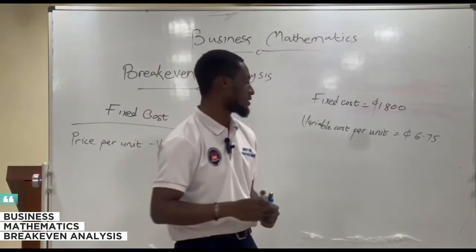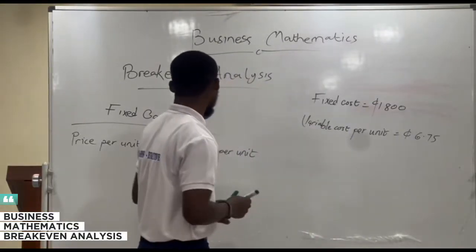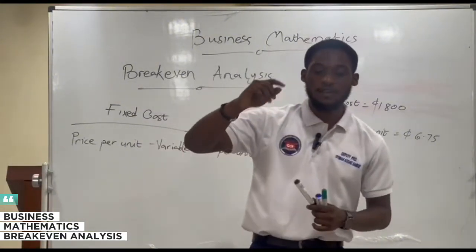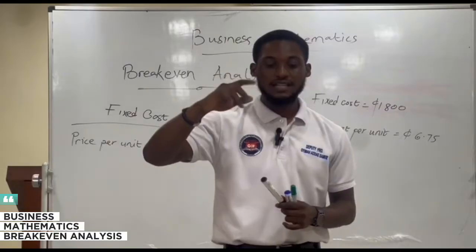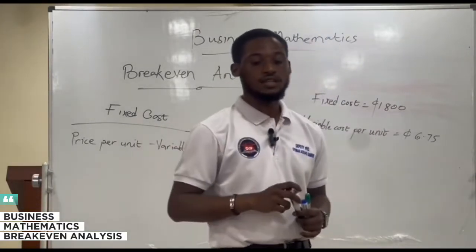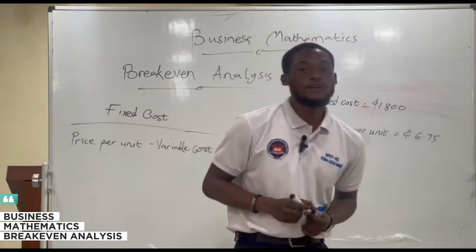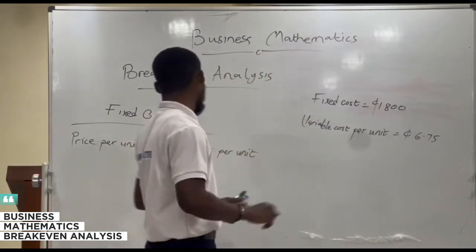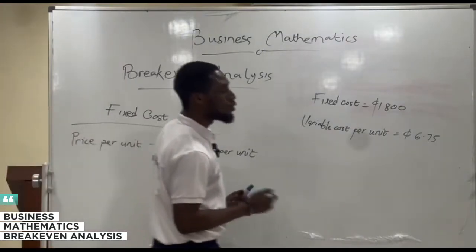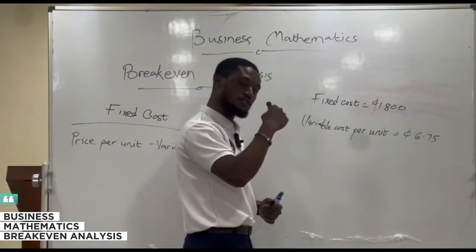Determine the number of powder Auntie Araba must sell to break even if a powder sells at 9.25 cedis. So the 9.25 here is that of the price per unit. So we state it down. It's part of our apparatus.